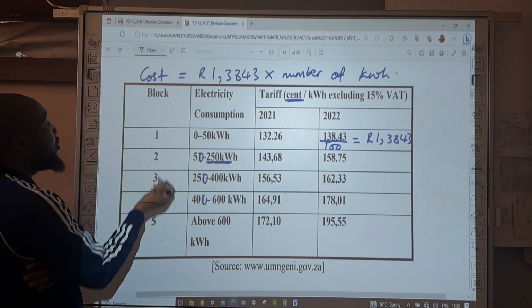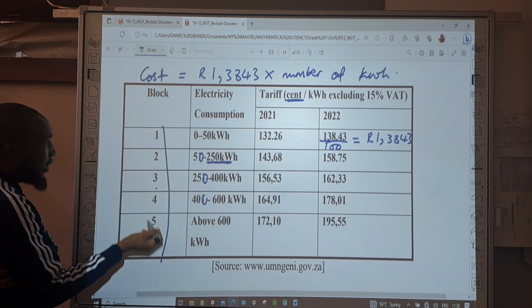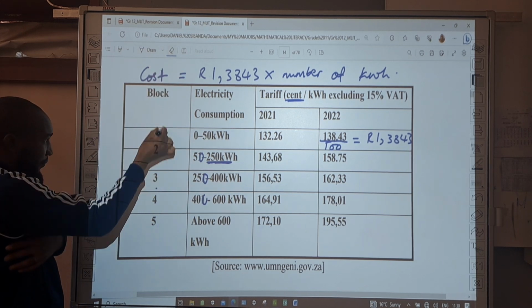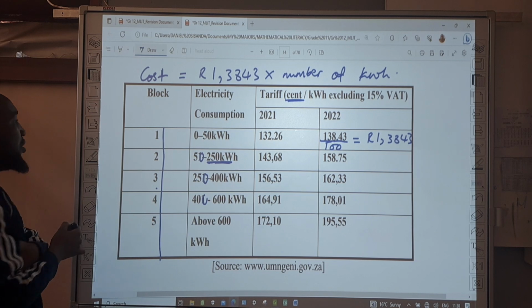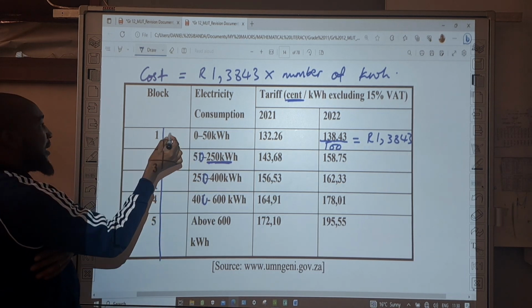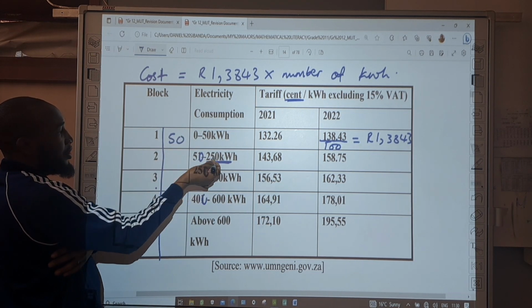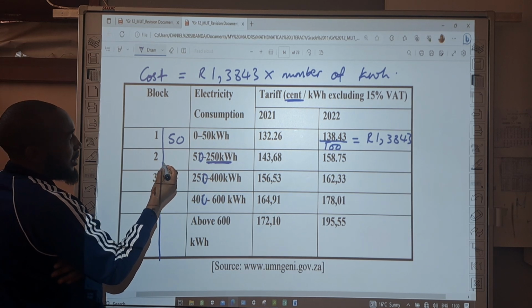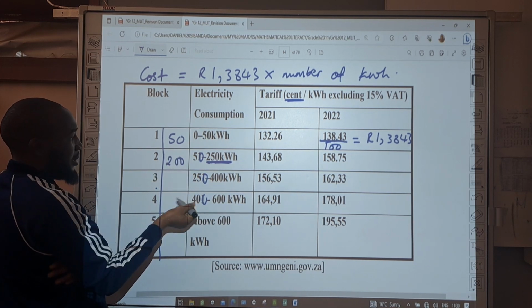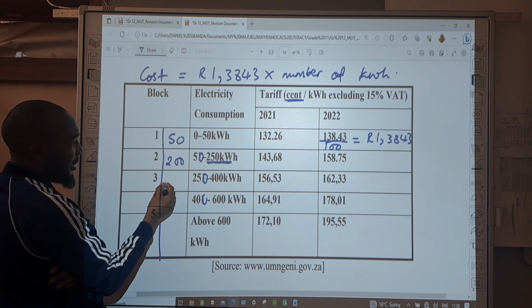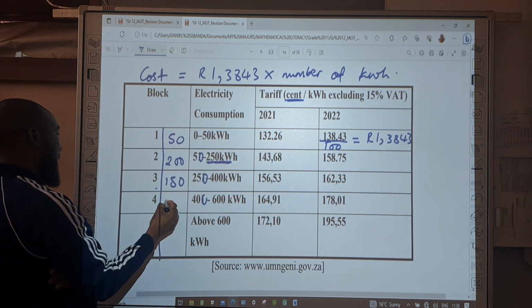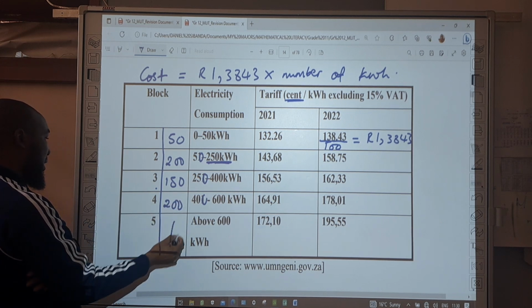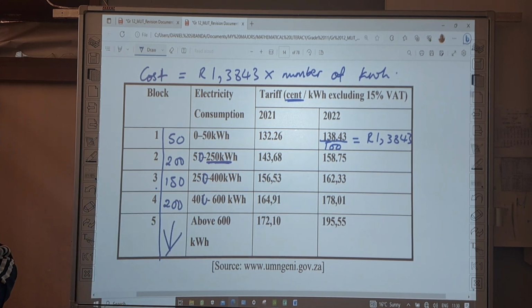Also, if you were to look at your usage of electricity, say 50 minus 0, this will give us 50. 250 minus 50 gives us 200. Then 400 minus 250 gives us 150. 600 minus 400 gives us another 200, and so on till the end.